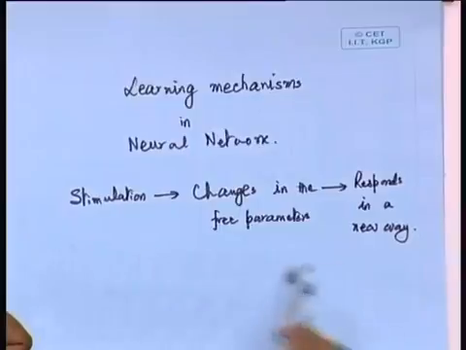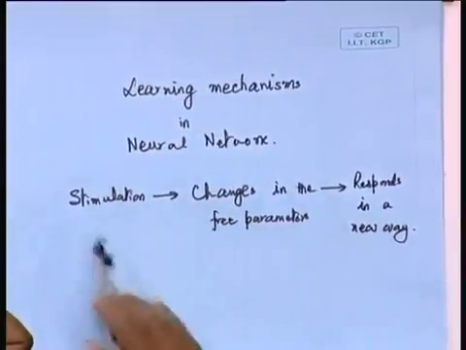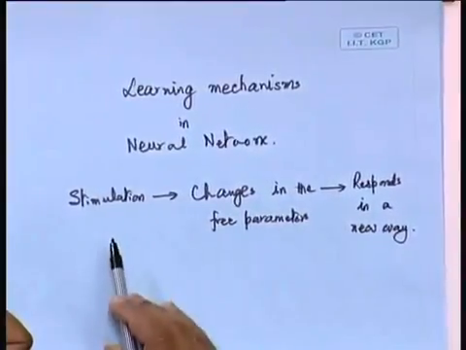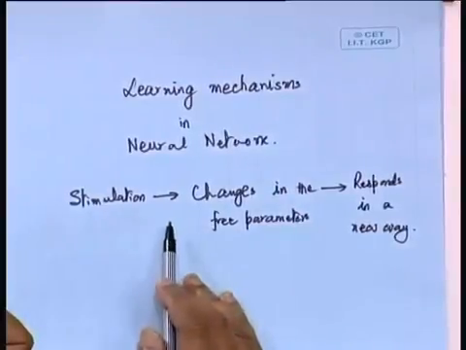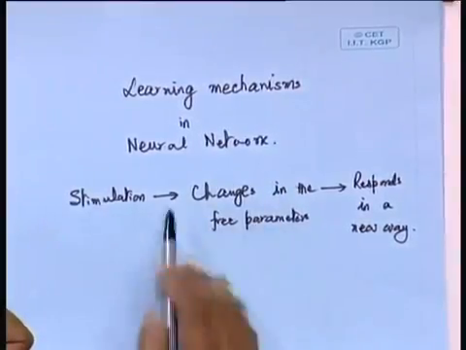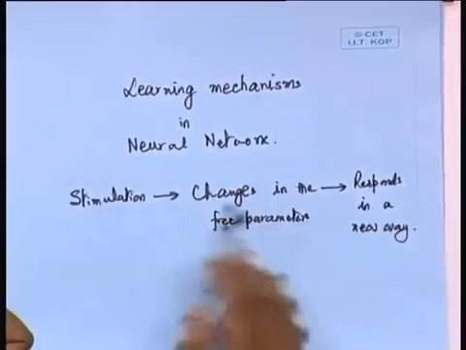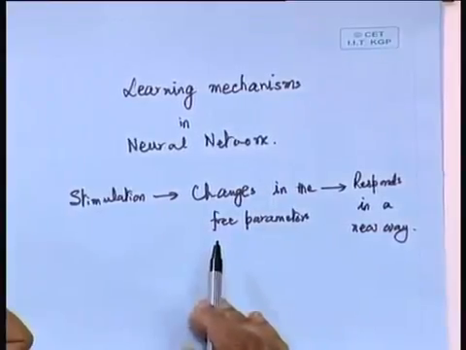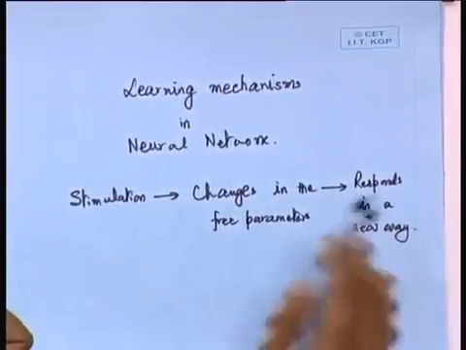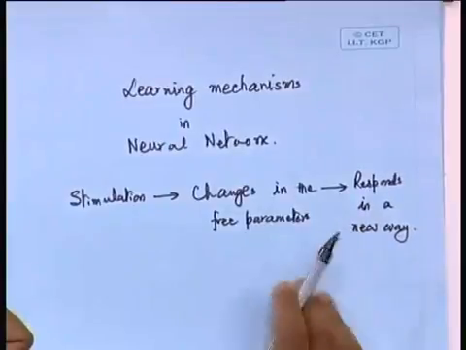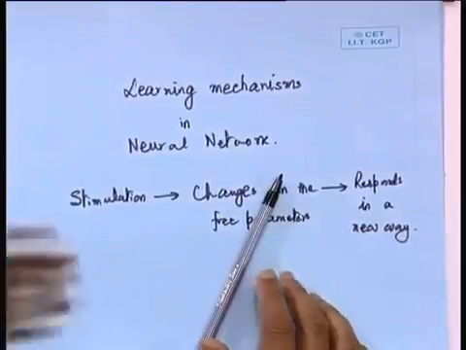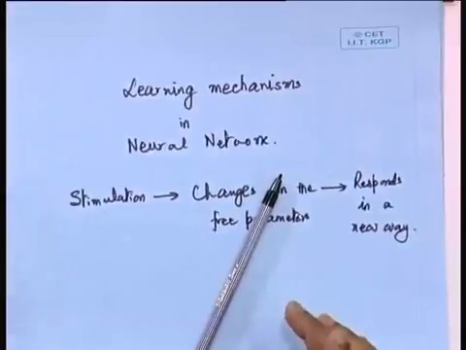So these three are the essential components of learning. That's to say, you have to get the stimulation, and what is most important is that you have to make changes in the free parameters of the system. And then once those are changed, it responds in a new way, meaning that now it is in a position to accept the kind of inputs or patterns which it hasn't encountered before.